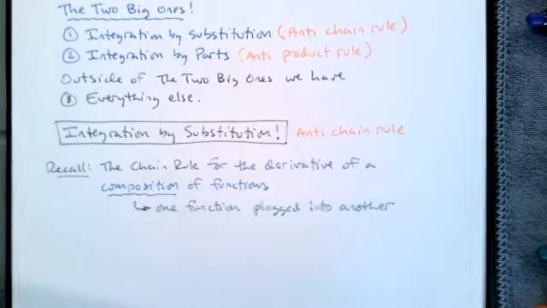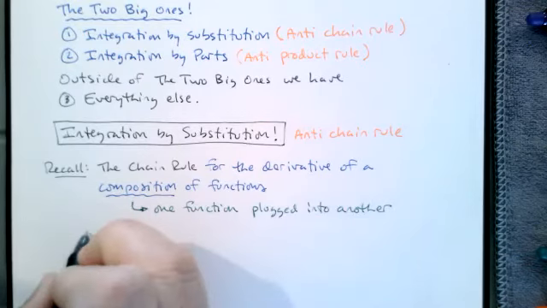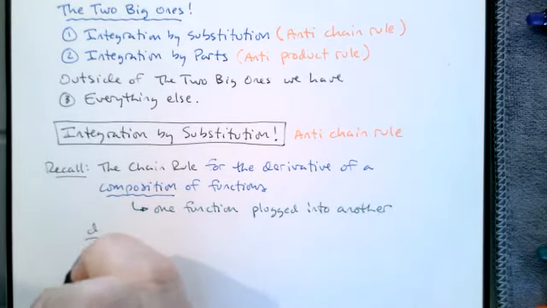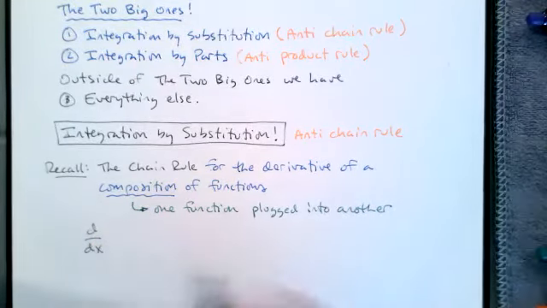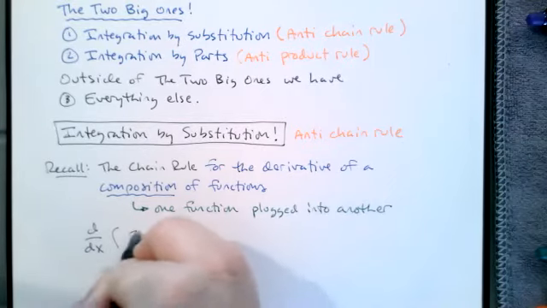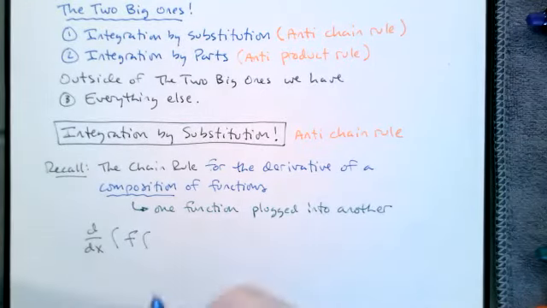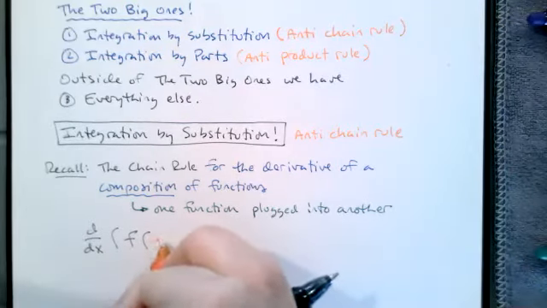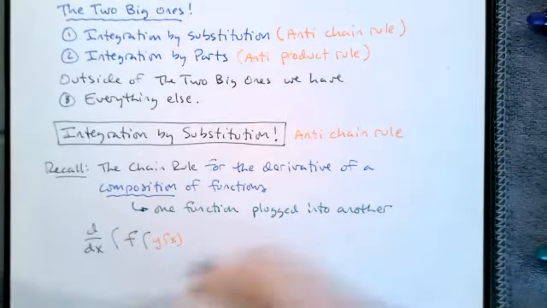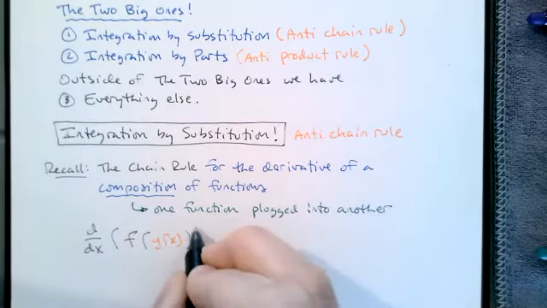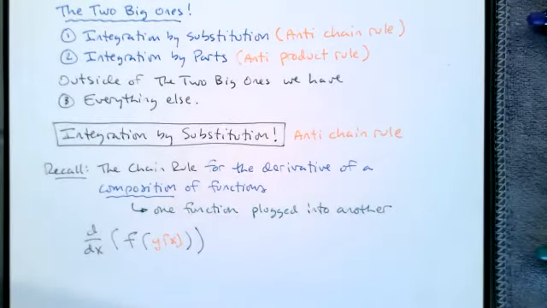And then we write in general, we say that the derivative of a composition f of g of x, I'm going to highlight the inside function. So in this case, g of x is plugged into the f of x. We want to take the derivative of a composition of functions.